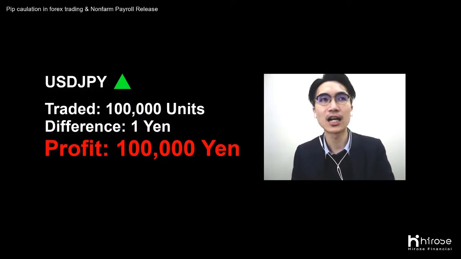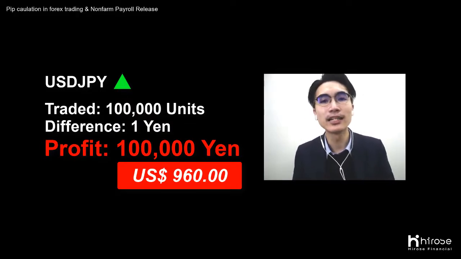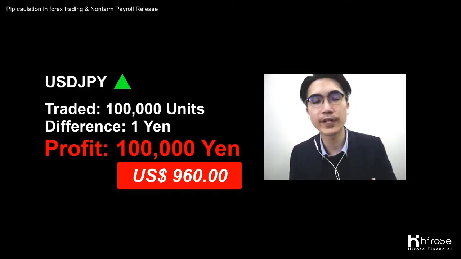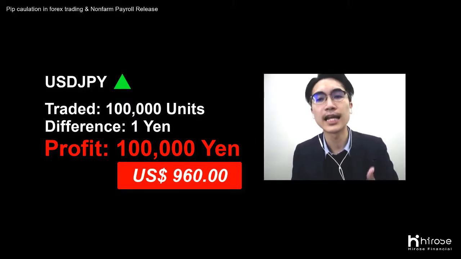If I convert it into US dollar, then the profit that I'm gonna get is gonna be $960. So that's the explanation of last week. The profit of forex trading comes from the price difference of open and close.